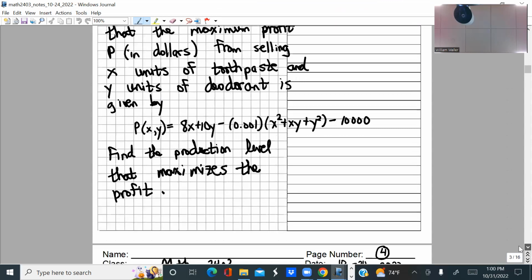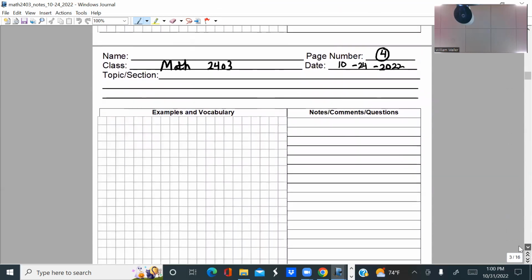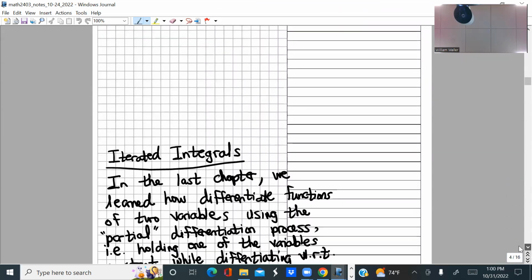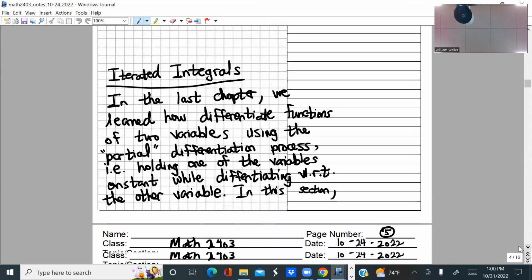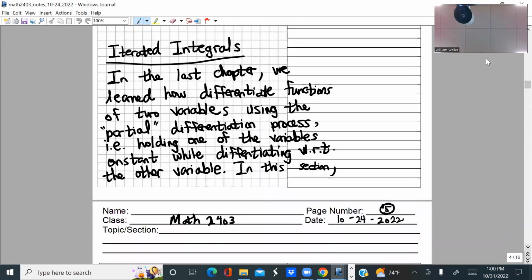So I'm going to introduce another topic now. We are through doing differentiation, at least momentarily, and now we're going to switch to integration. We had to get there eventually, right? Because it's calculus class, and that's the second important topic in calculus. So we're going to talk about integrating functions of two variables. We're going to start by computing definite integrals for functions of two variables.